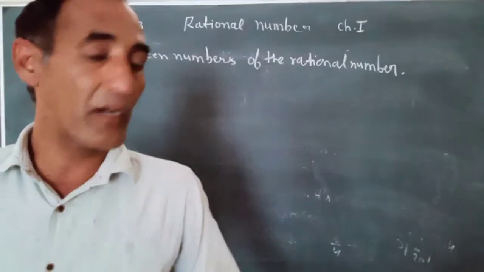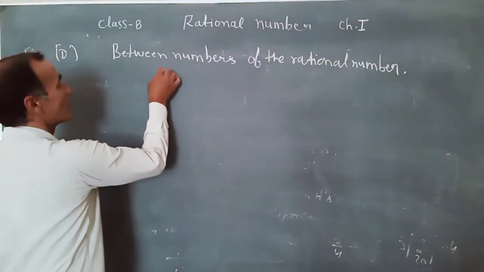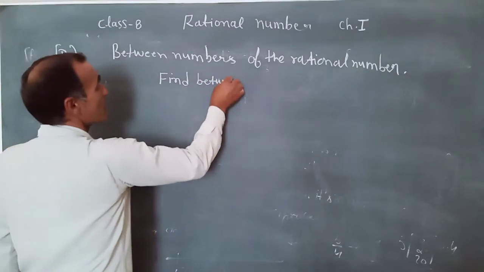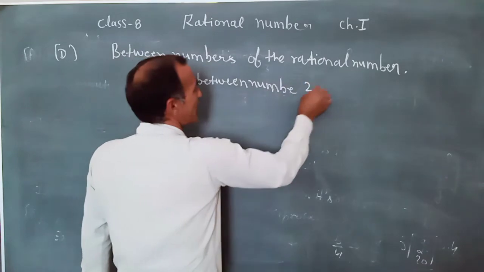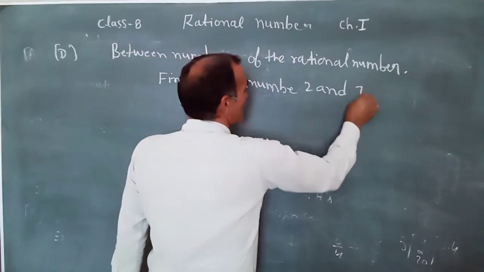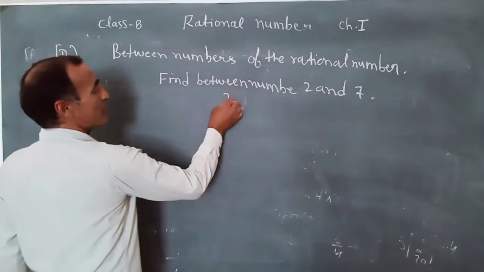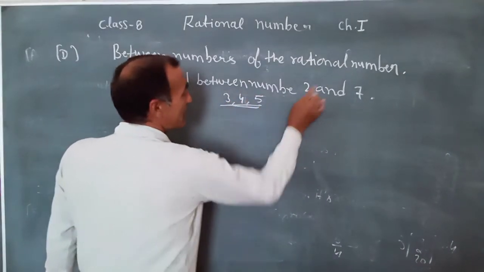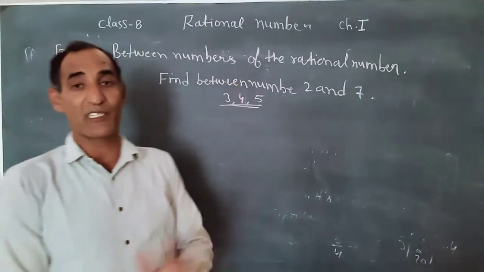I am telling about one example. Find the numbers between 2 and 7. These are whole numbers. We know the numbers between are 3, 4, 5, but those are whole numbers. We find the numbers between in the rational numbers.